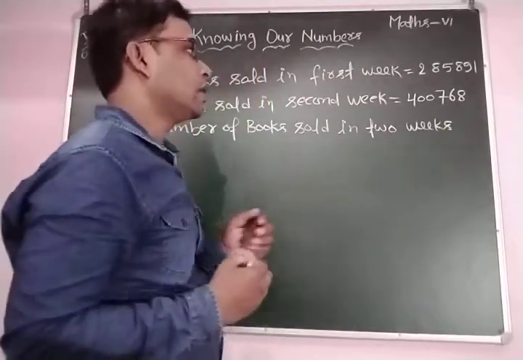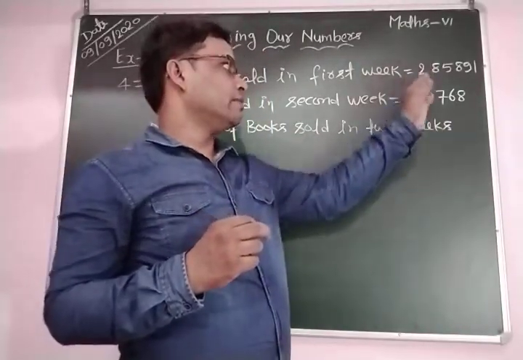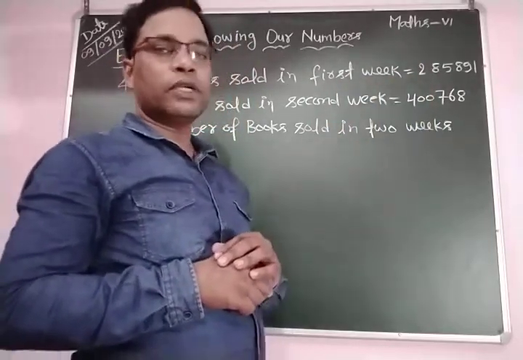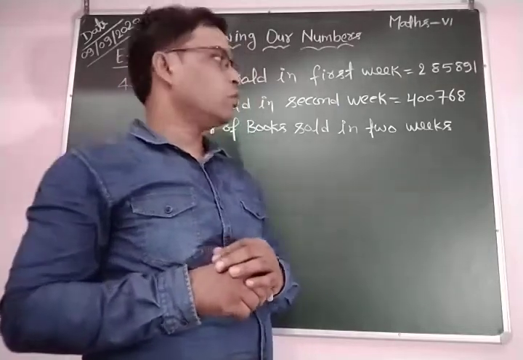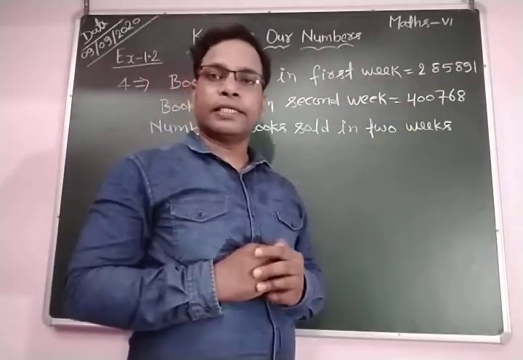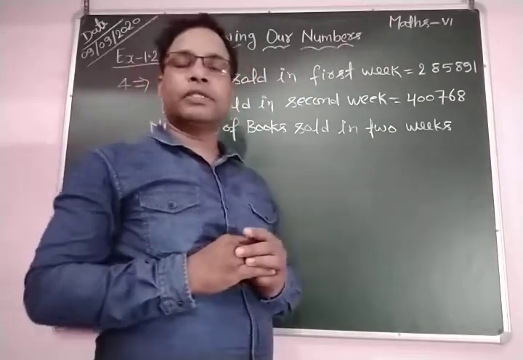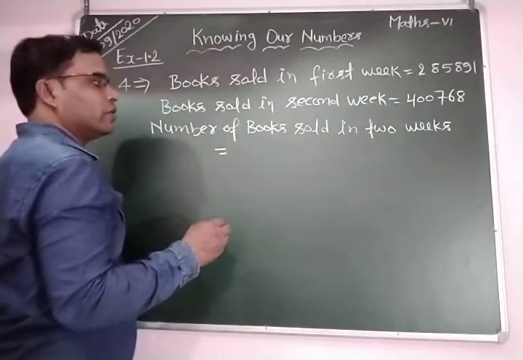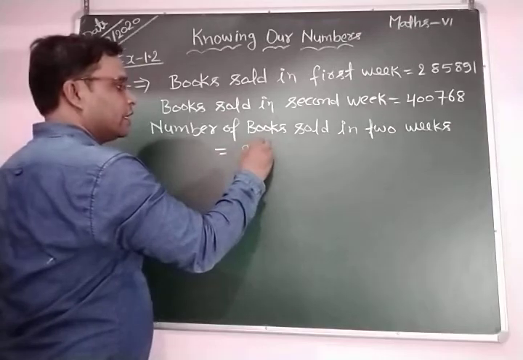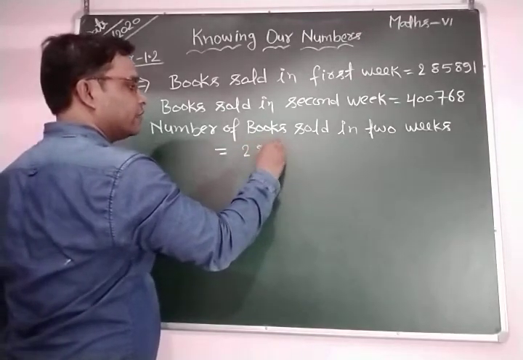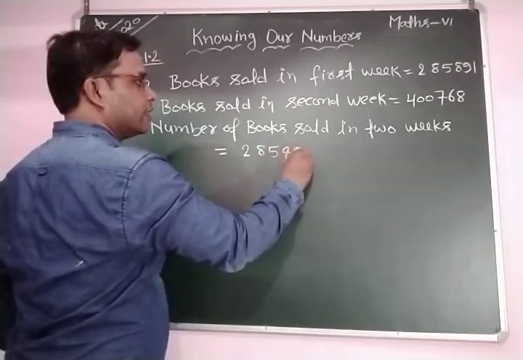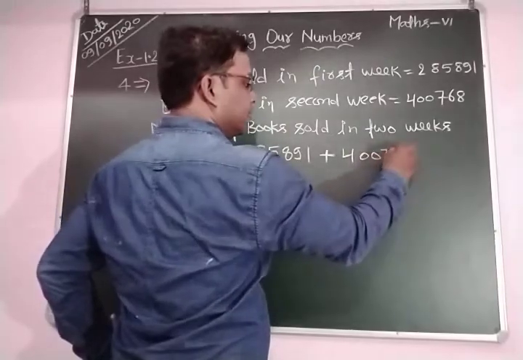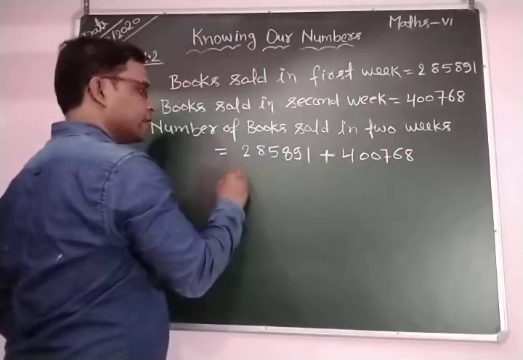For this we add them, because here you can see the number of books sold in first week is 2,85,891, and in second week 4,768. We add them, then we find total number of books sold in 2 weeks is equal to 2,85,891 plus 4,768. Okay, this is clear.